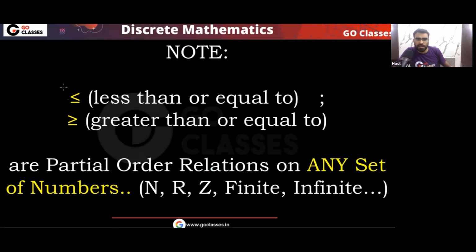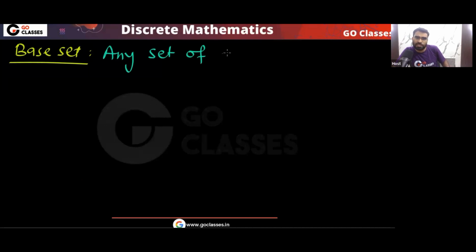Now you tell me: these two relations, less than or equal to and greater than or equal to, are partial order relations, meaning they are reflexive, antisymmetric and transitive on any set of numbers. Agree? Whatever set of numbers you take as your base set, it can be any random set of numbers.